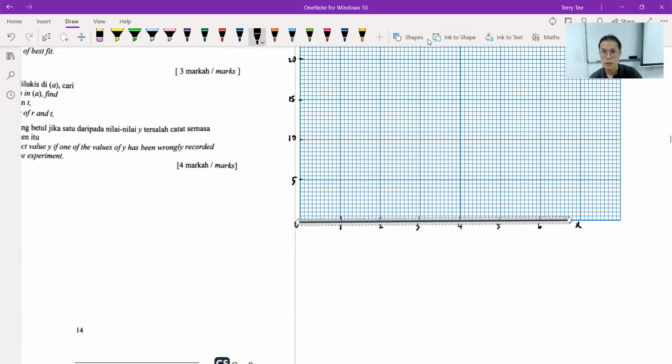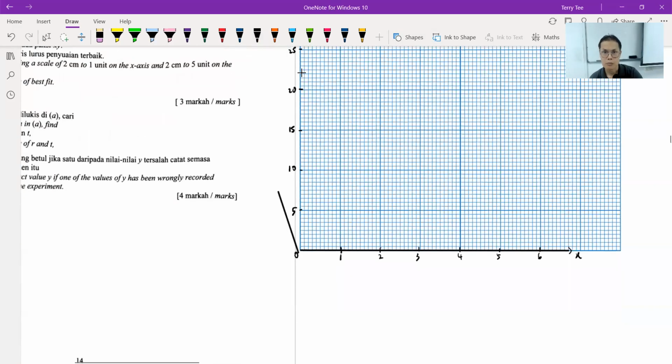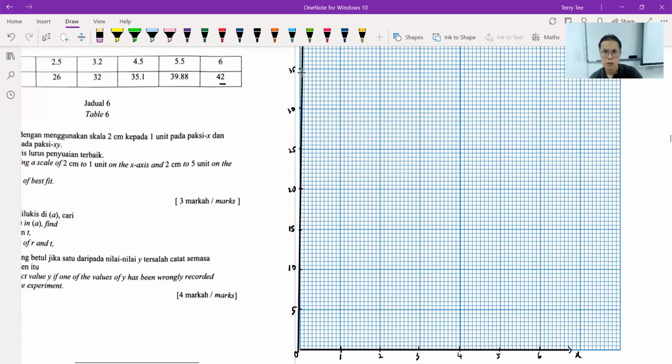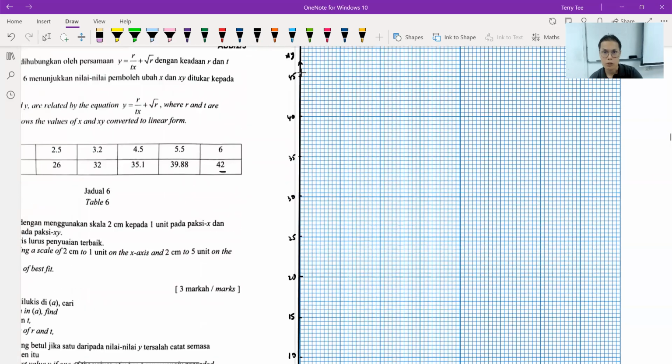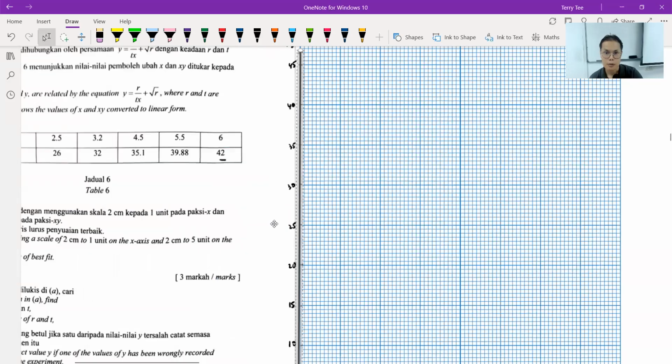Label here. This is my x-axis. Just adjust the line. Okay, this is my x-axis. Then draw another one, your y-axis. Start from here all the way up. Okay, up to 40, 45.